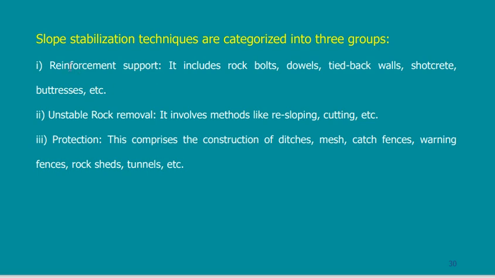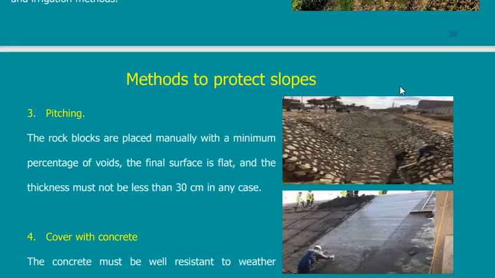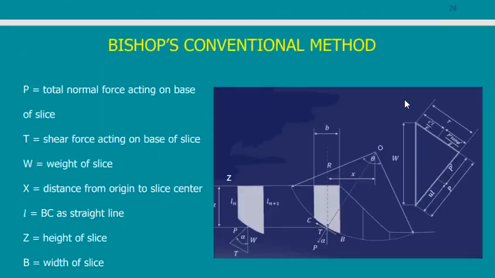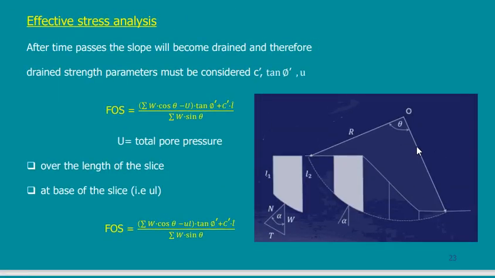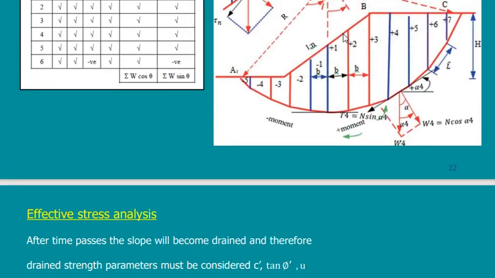I can put reinforcement. If I put some rock bolts, dowels, anything that would penetrate the slope, as if I am putting nails inside this slope. If I imagine here, this is your slope, and I put nails here.